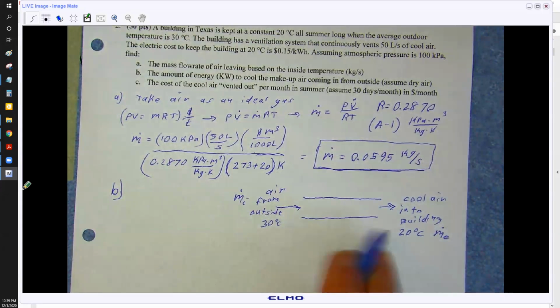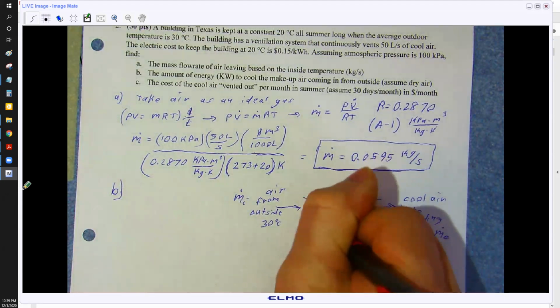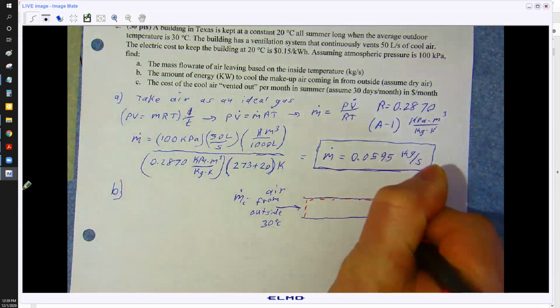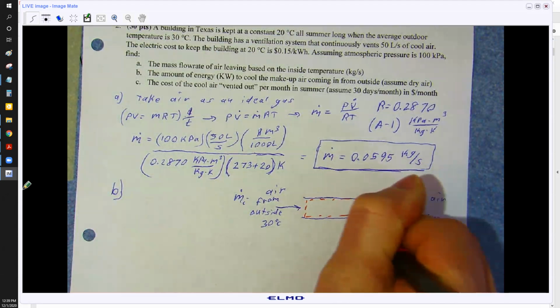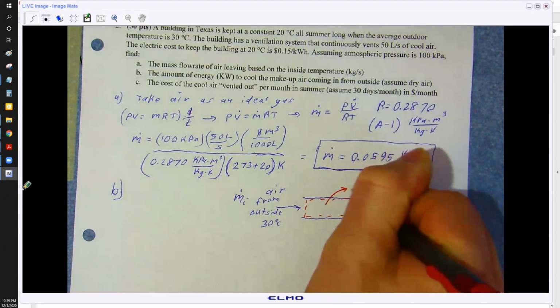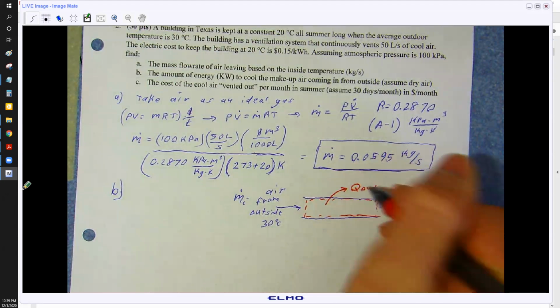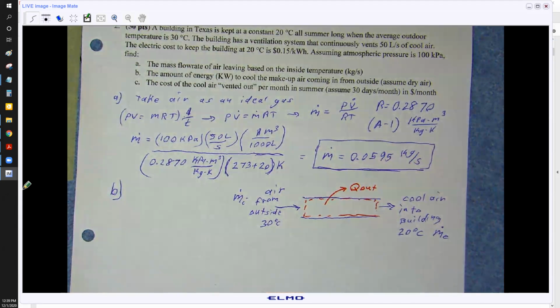All right, so we're looking at basically a cooling unit here. Very simple schematic, obviously. And I've got a control volume here in which I can see I've got Q out. So this is what it looks like if you want to set this up.